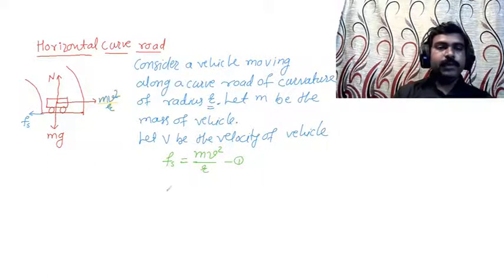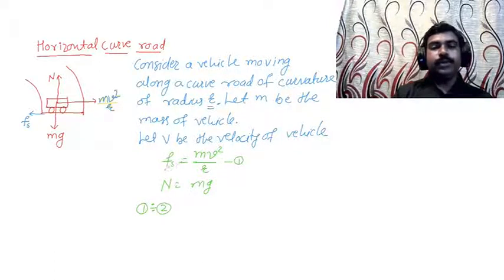Now N is balanced by mg, so therefore you can write N is equal to mg, equation 2. Now see what we are going to do. Equation 1 is divided by equation 2, left hand side on the left hand side and right hand side on the right hand side. So let's divide it.